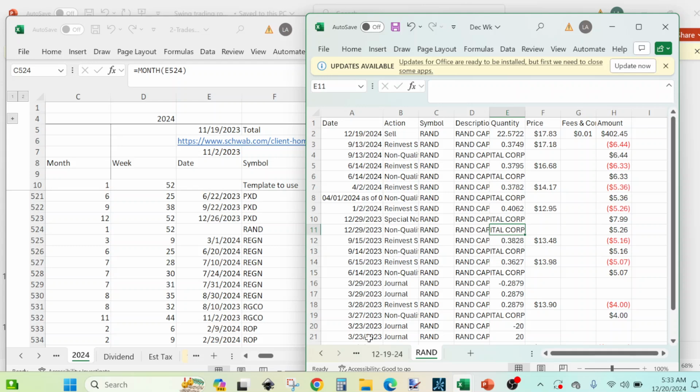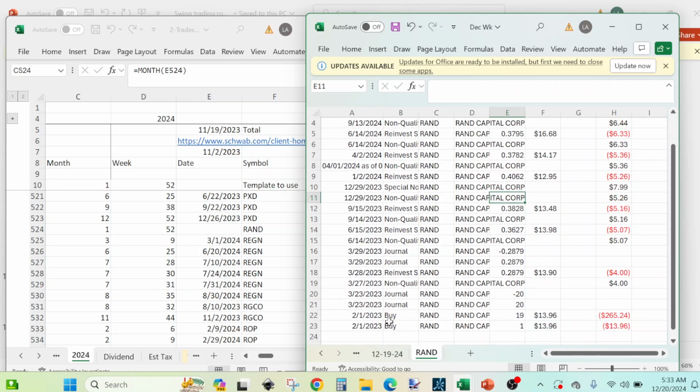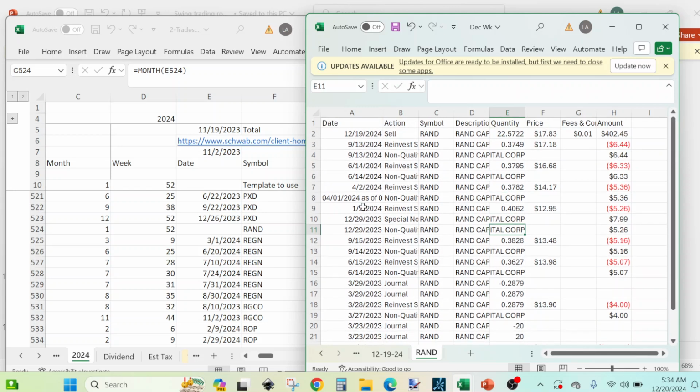Okay, so we purchased it in February 2023, and we reinvested the dividend. So I'm going to count those. 1, 2, 3, 4, 5, 6, 7, 8, 9 entries.